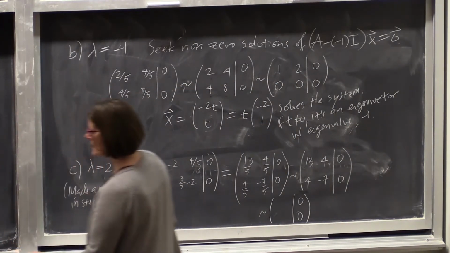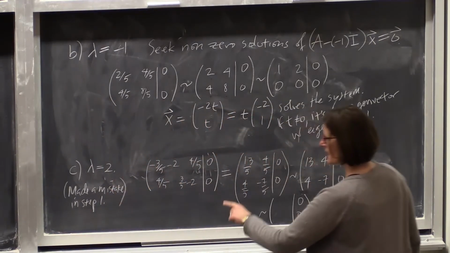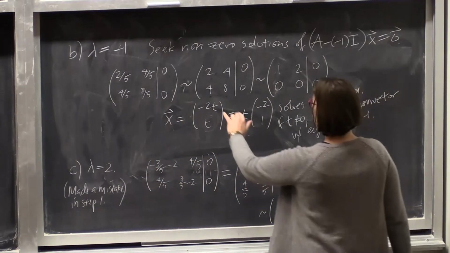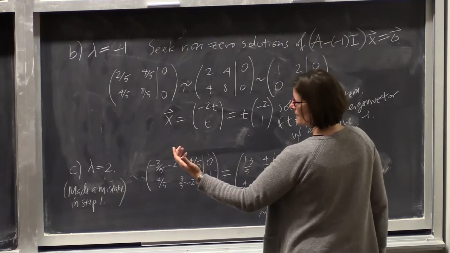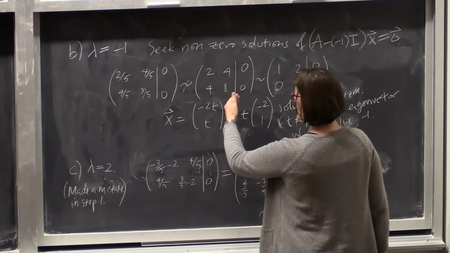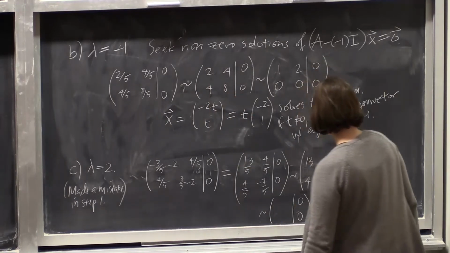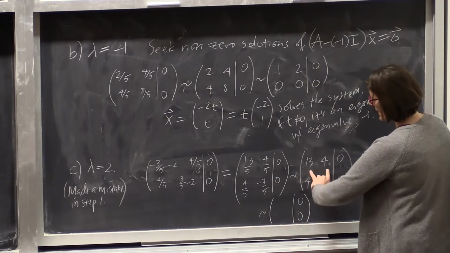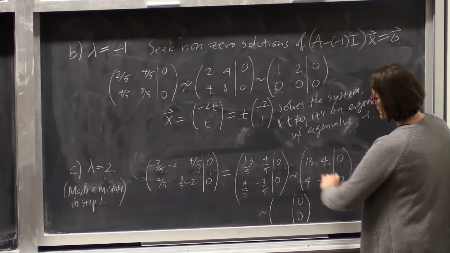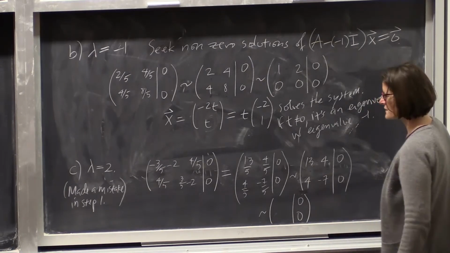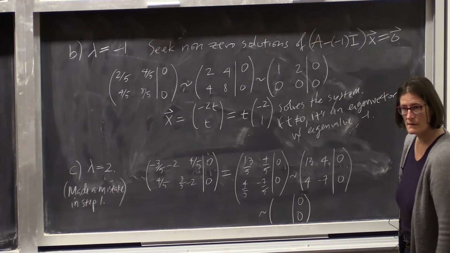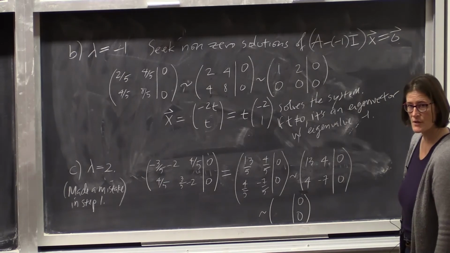For a 2 by 2 case, you can quickly see that the only way to get a 0 in the reduced row echelon form is if this is a multiple of that. Is this a multiple of that? No. In fact, if I were to compute the determinant, is the determinant 0 or non-zero?